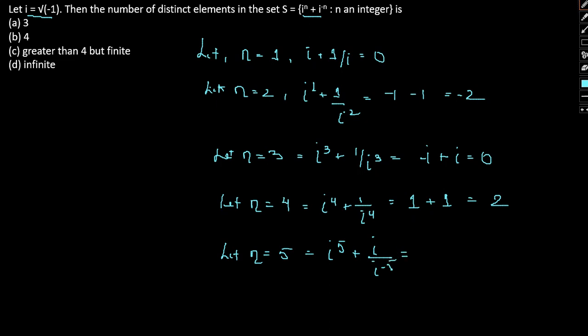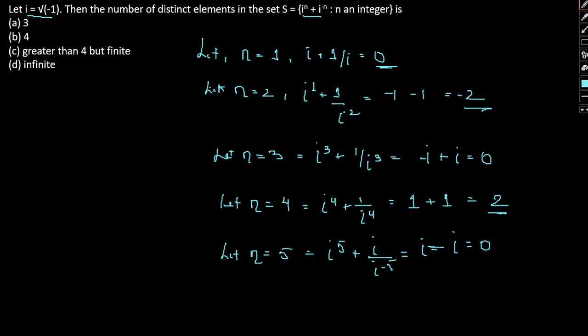Okay, so i to the power 5 will simply be i to the power 4 into i, so 1 into i. So it will simply be i, and this one will be minus i, which gives 0. So basically we see these four elements get repeated: 0, 2, 0, minus 2.